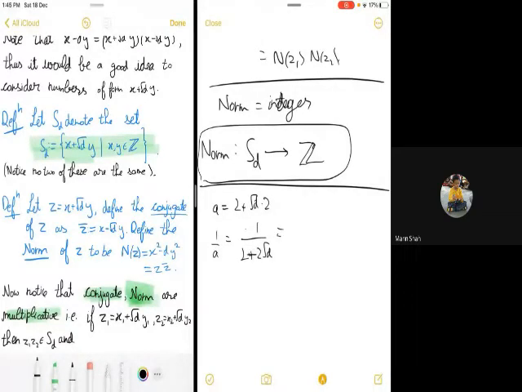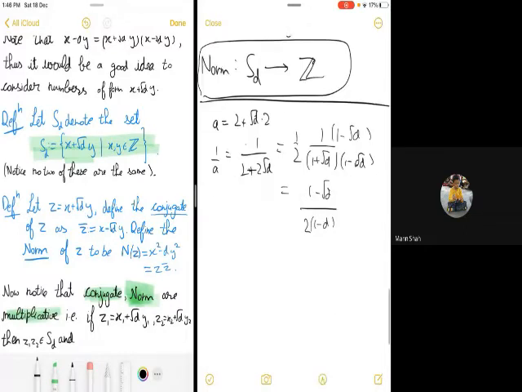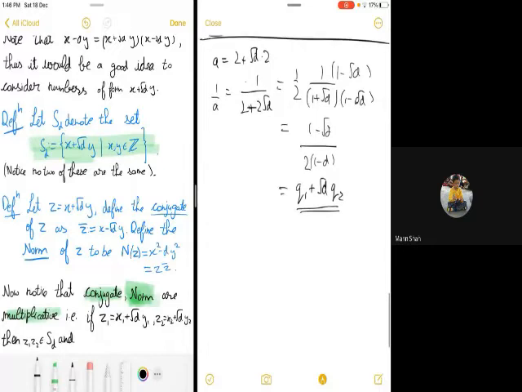It is half of 1 over 1 plus root d, times 1 minus root d over 1 minus root d, which is 1 minus root d over 2 times 1 minus d or something. So this is of the form q1 plus root d q2, where these are not necessarily integers.